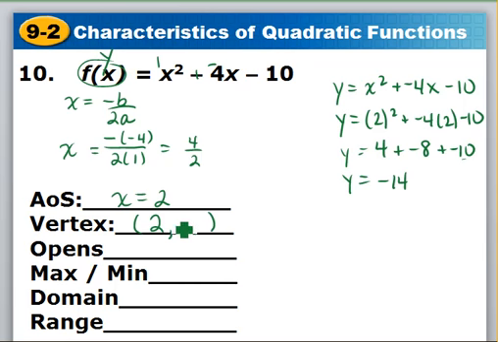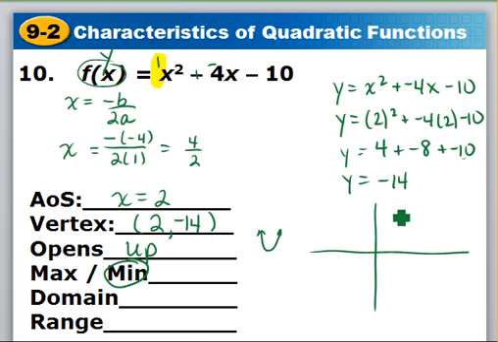So I'll take and put negative 14 in here. Because my a is positive, this opens up, which means if it opens up, it has to have a minimum. You may want to do a quick sketch of your vertex.